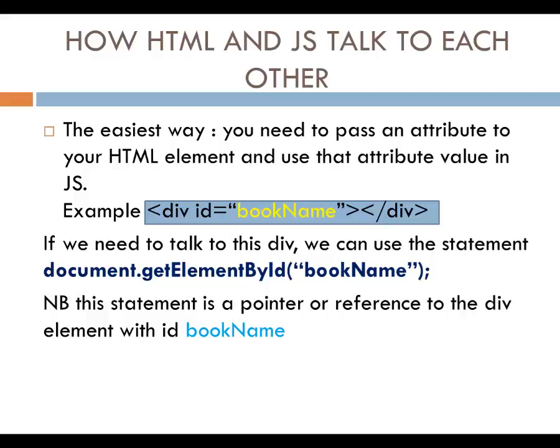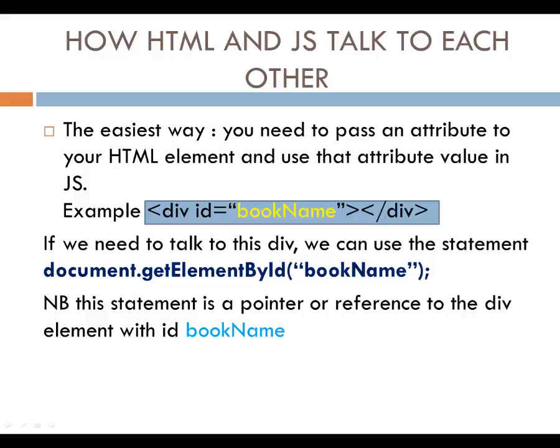Now, the easiest way to get or set content from your HTML document is to have your element pass an attribute and give a certain value to that attribute. Attributes that are widely used in HTML as selectors are, for example, the ID attribute, which is right here. What we have done is create a div tag, which is a div element.